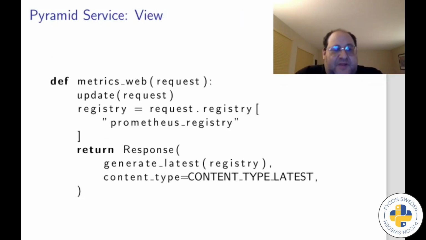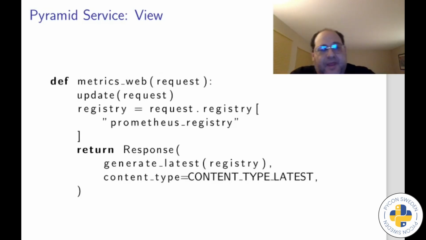So now that we've done it, we need to write the actual web function. In Pyramid, it's just a function that takes a request and returns a response. In most cases, it's something along the lines of that, but in Flask, it also has a decorator and stuff. Here, we don't need the decorator. It's just a function that takes a request, returns a response.